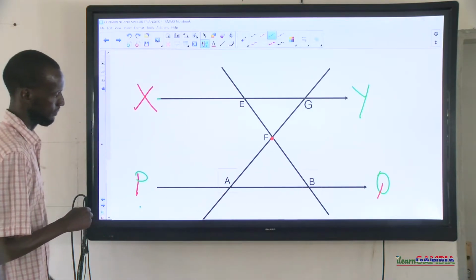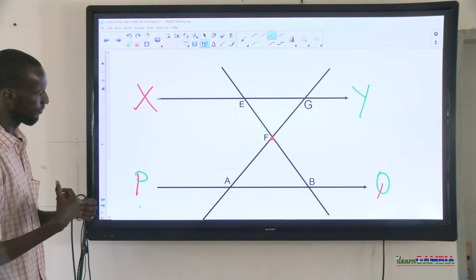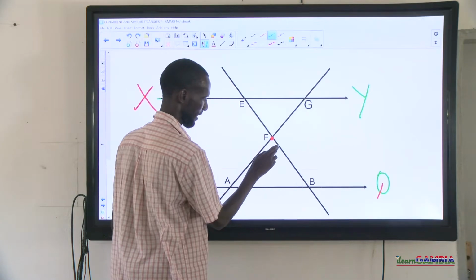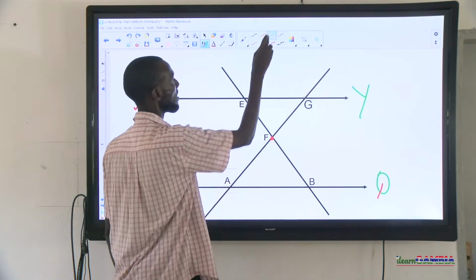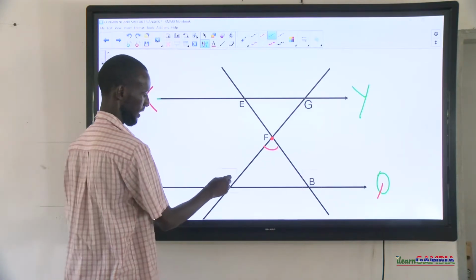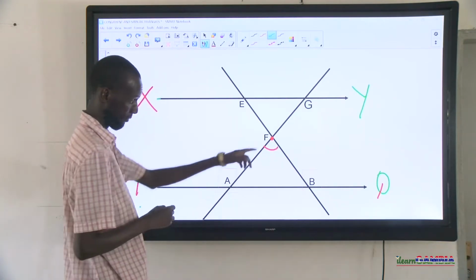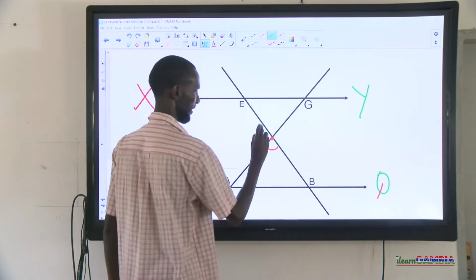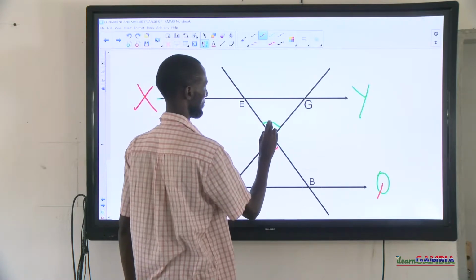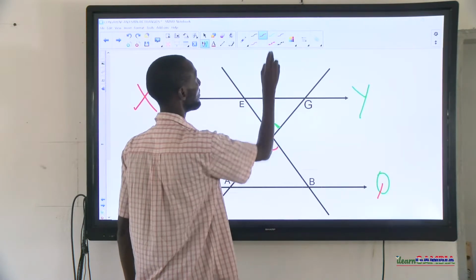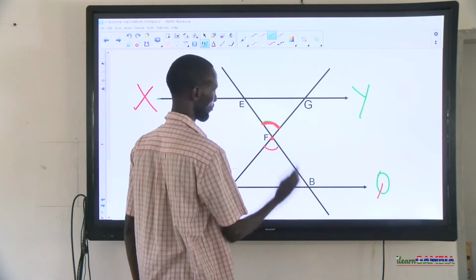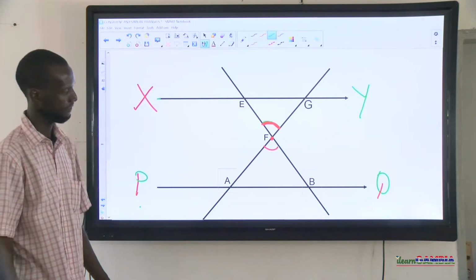So now, if you recall from our angle knowledge, you will know that this angle right here, angle AFB, and this other angle right here, what do you observe?